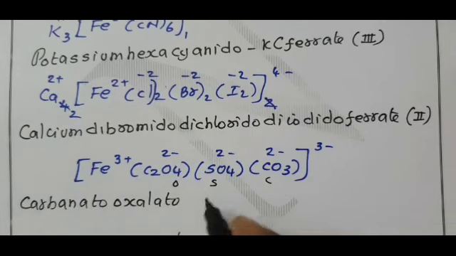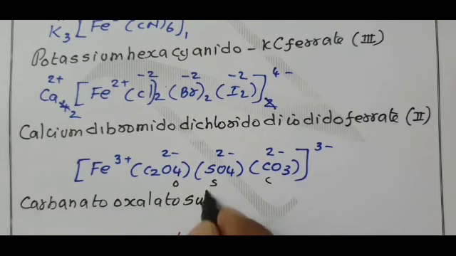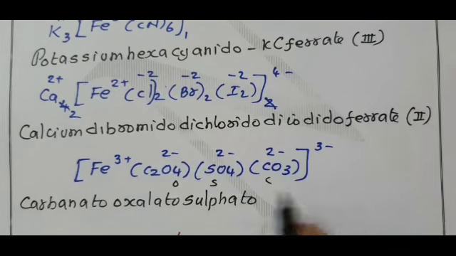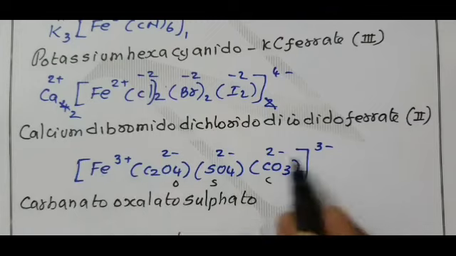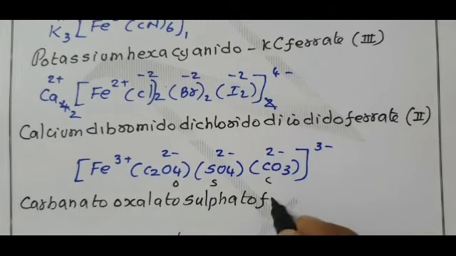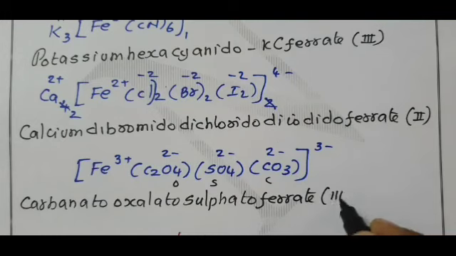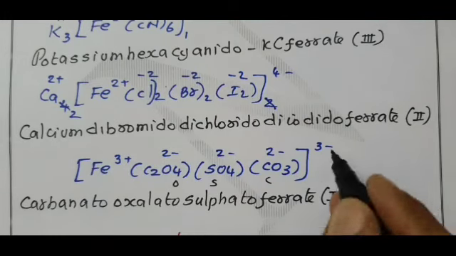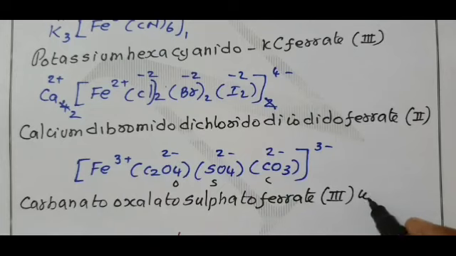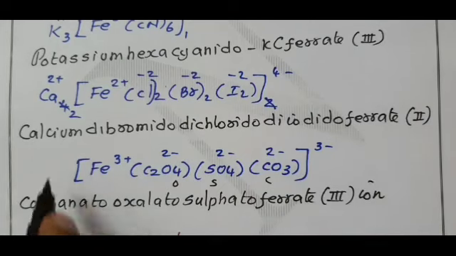All these are bidentate ligands. Sulfato. Central metal ion Fe. Anionic complex. Therefore, the name ends with ferrate. Ferrate. What is the oxidation state? 3. Ferrate 3. Negative ion. Therefore, ion. It is not neutralized by a plus ion. Therefore, the name ends with ion.